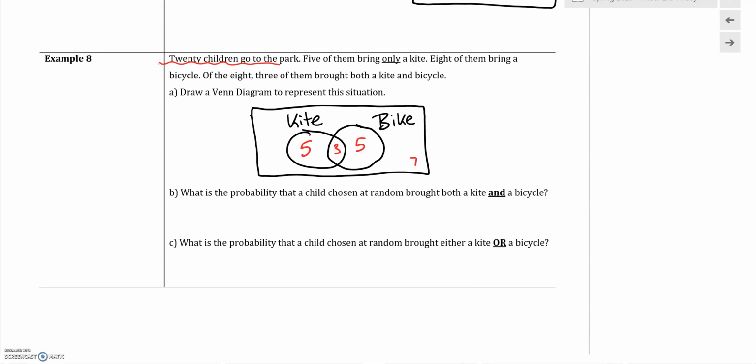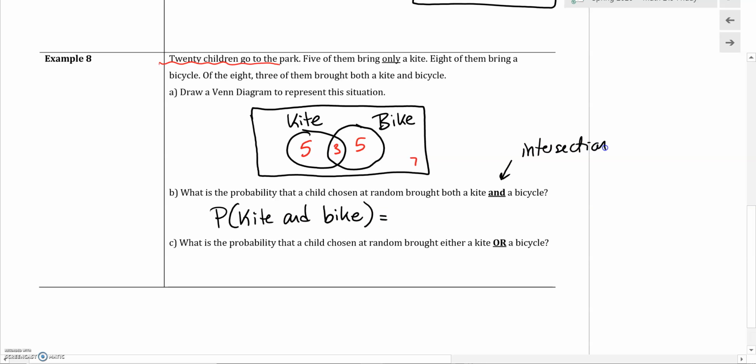So it says, what's the probability that a child chosen at random brought both a kite and a bicycle? I want the probability of kite and bicycle, or bike. Well, that's and. Again, that's an intersection, or symbolically, we would write it that way. So how many outcomes are there in total?